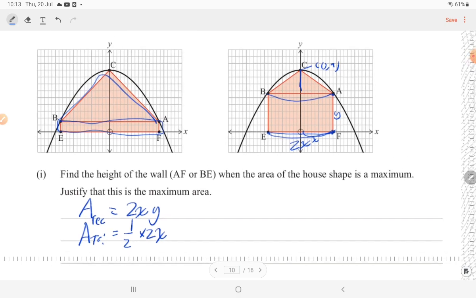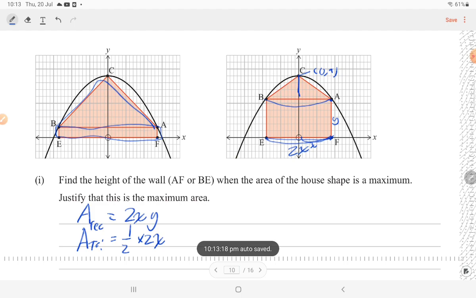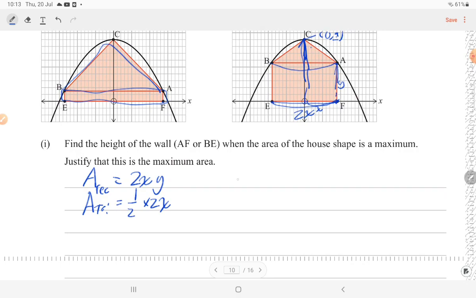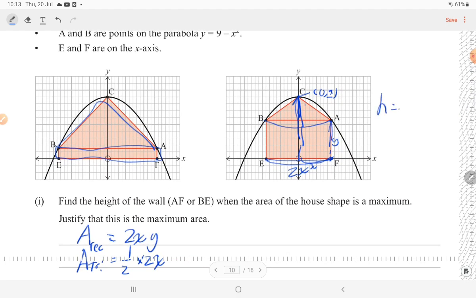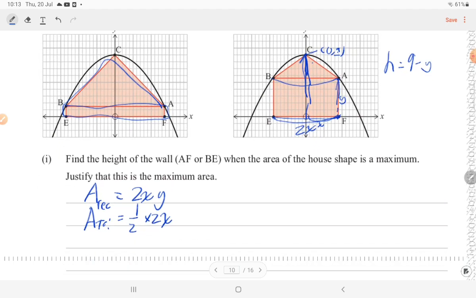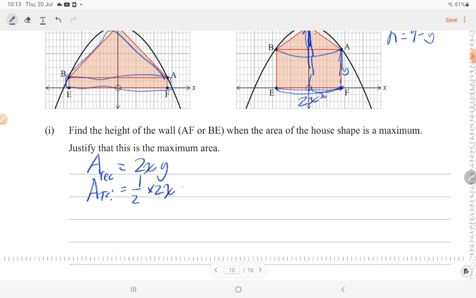Then this y, or height, this is 9. So this total height is always 9, and we can take away this bit to get this height. Sorry, that got a bit messy. So the height of this is equal to 9 take away y. So half times 2x times 9 take away y is the area of the triangle.